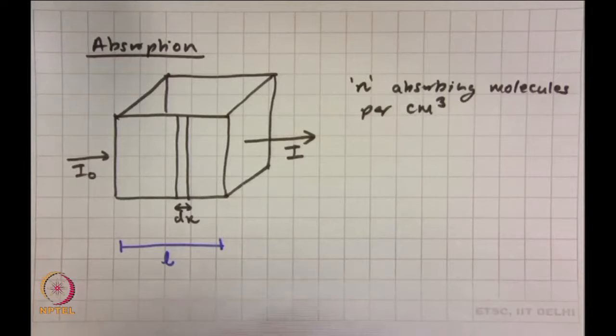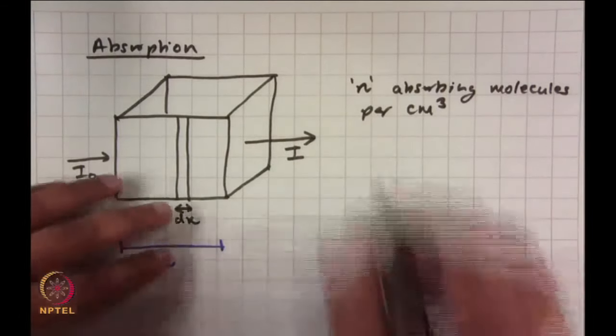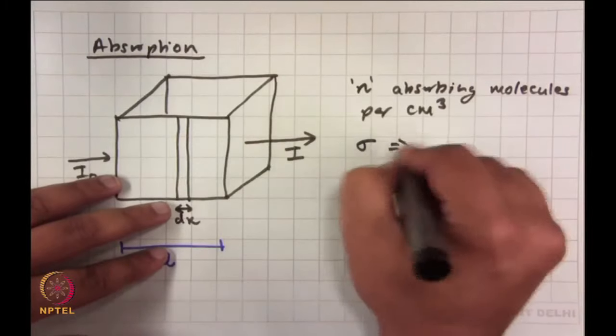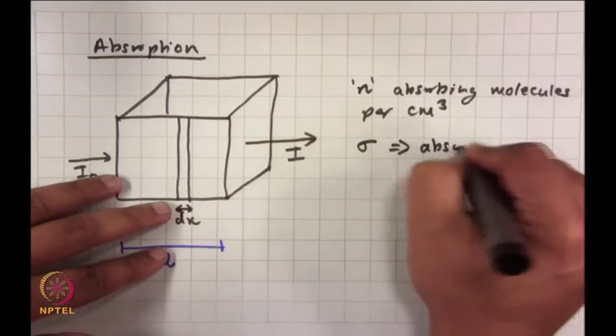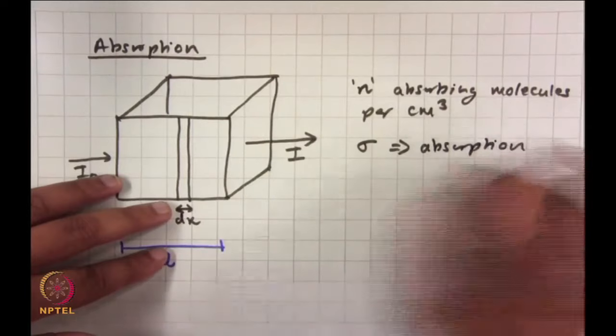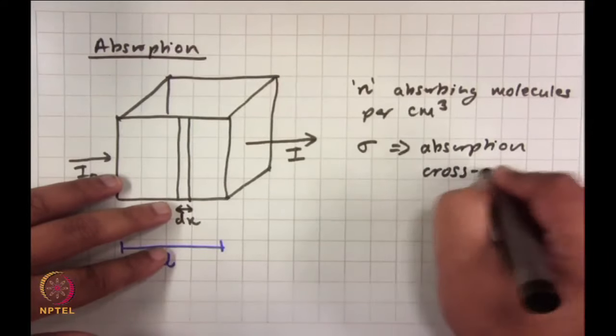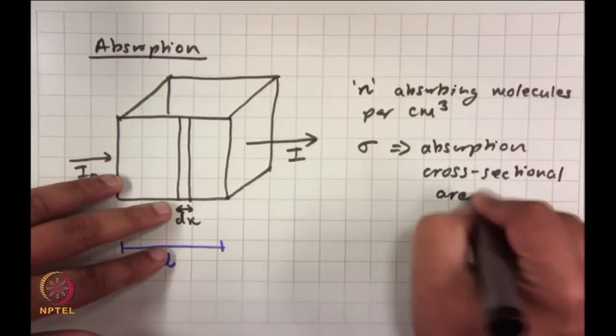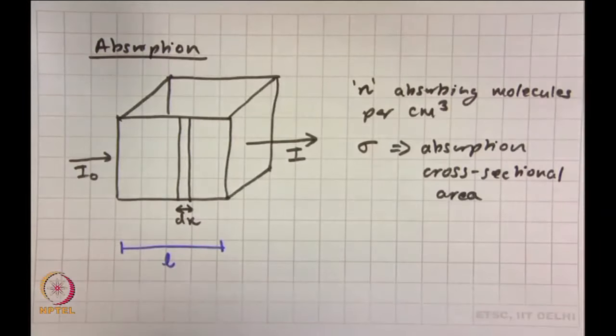Okay. What I also say is that let sigma, this is called sigma, be the absorption cross sectional area. Okay. Let this be the absorption cross sectional area.